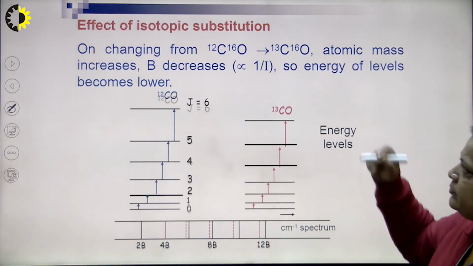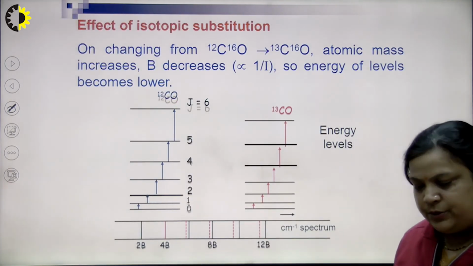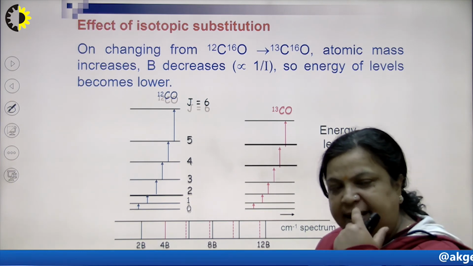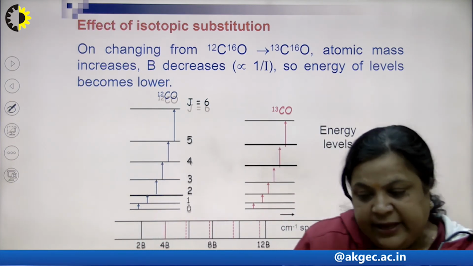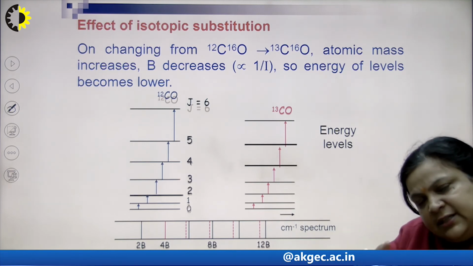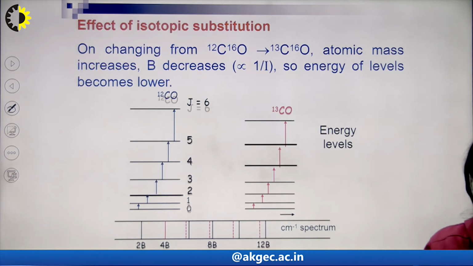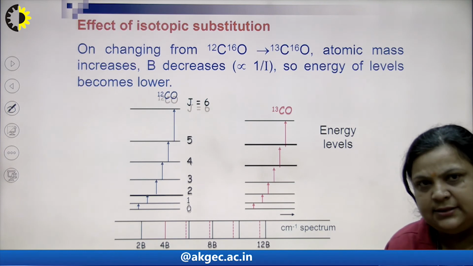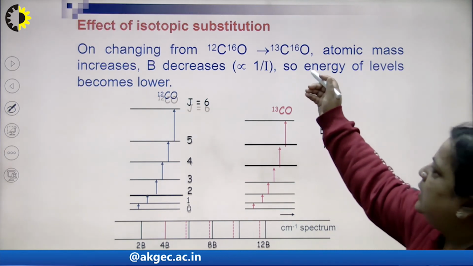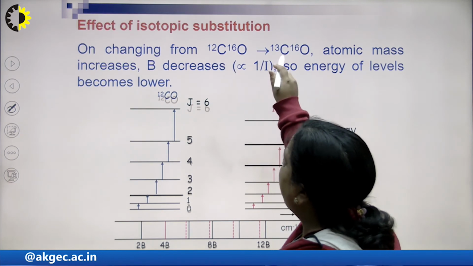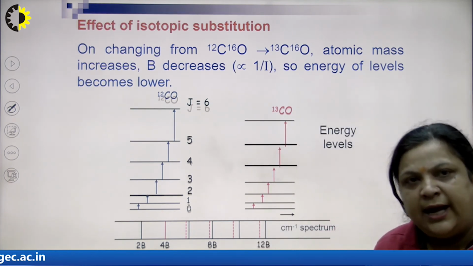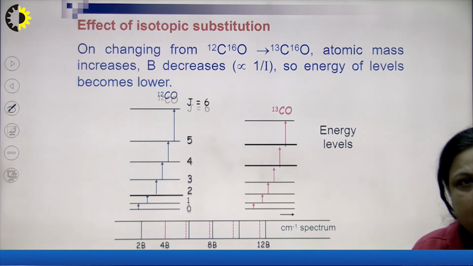Now, the effect of isotopic substitution. If we replace an atom with its isotope, we can easily predict whether the spacing between the rotational energy levels decreases or increases. Suppose CO. Now, here carbon 12 is replaced by its isotope, which is C13.